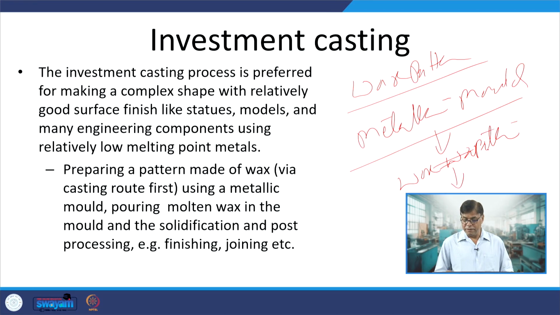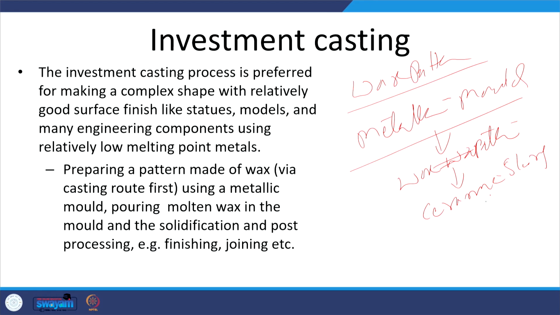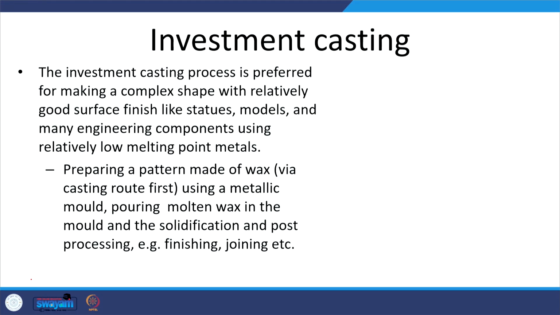The wax pattern is then dipped in the ceramic slurry, and in the slurry we sprinkle the ceramic powder to realize the desired thickness of the mold wall. Once this is achieved, we do the baking to impart the desired strength, and then the ceramic mold is ready, and in that mold we put the molten metal for realizing the casting.